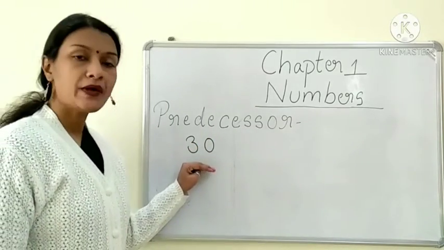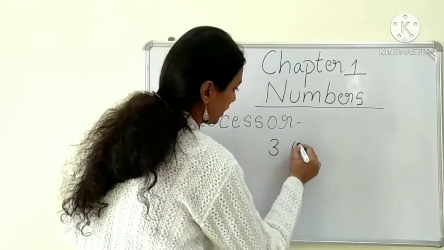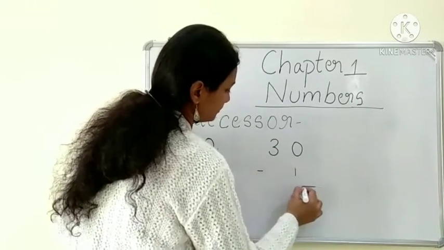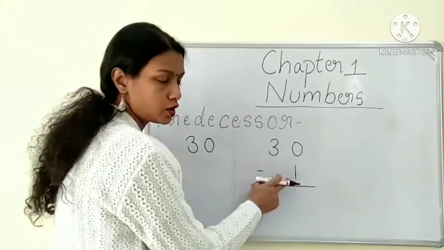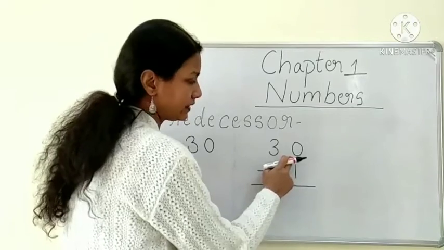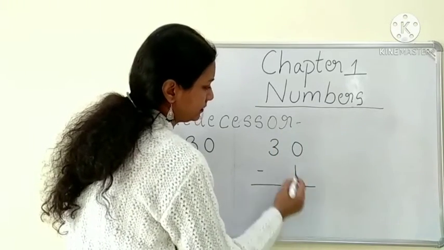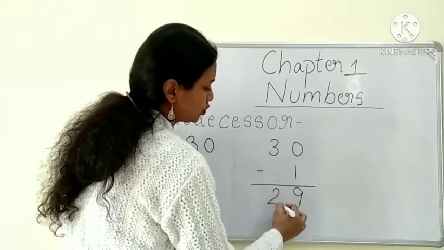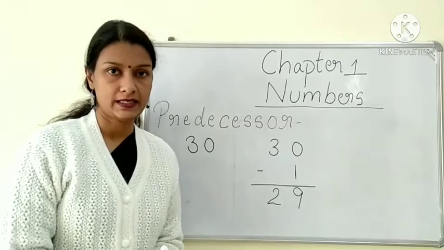So, how to find the predecessor of 30? We can subtract 1. 0 minus 1 is not possible, so we'll take 1 here. 10 minus 1 is 9. Here 2. So the predecessor of 30 is 29. Right?